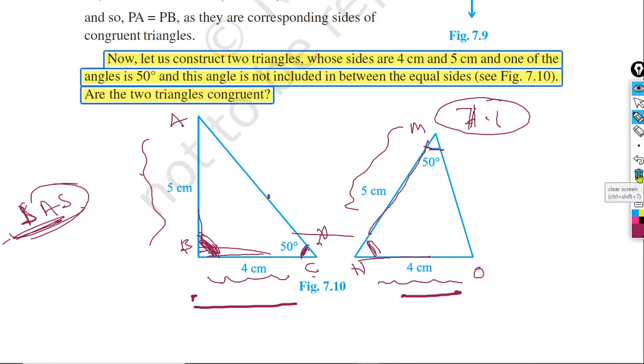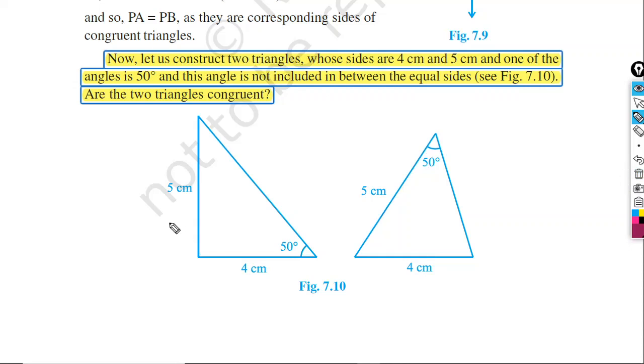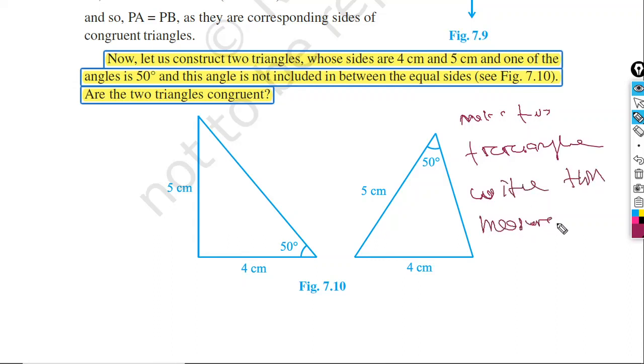So I will recommend you to construct some triangles and see whether on these measurements two triangles are congruent or not. So this is homework for you: make two triangles with these measurements at home, and you will see that these two triangles will not coincide on one another.